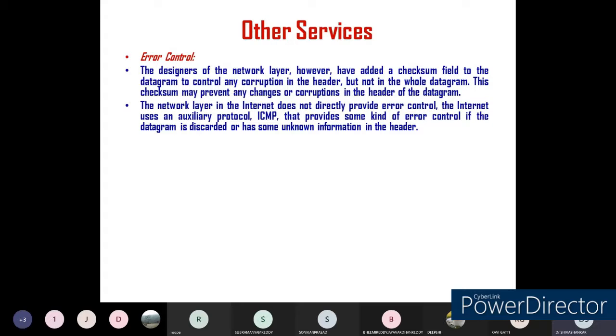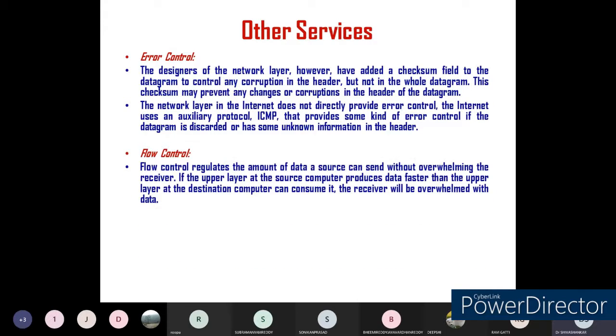Dear students, ICMP provides some kind of error control if the datagram is discarded or has some unknown information in the header. If data is not delivered to the destination, then using the auxiliary protocol, the Internet Control Message Protocol, the internet layer service can provide prevention. It avoids errors in the internet. That is called error control.